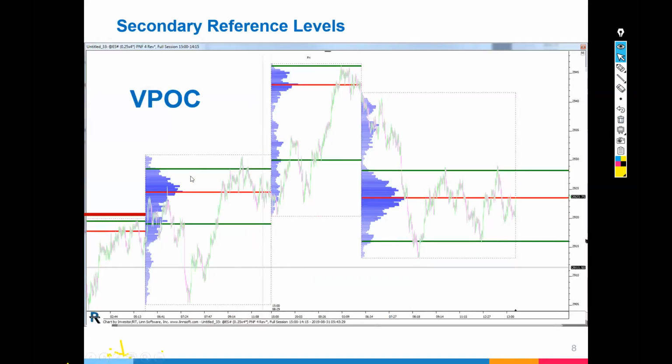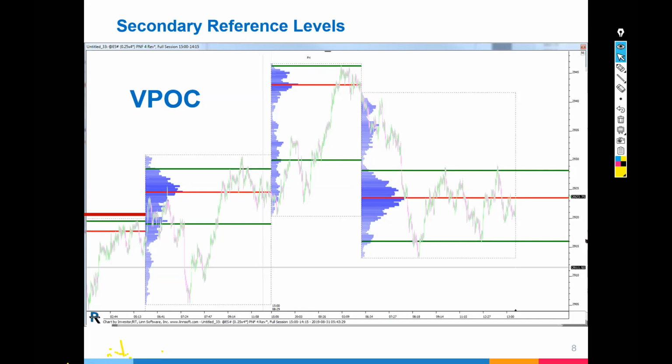All right. Now, some people also like to use the VPOC, or the volume point of control, and that is the key level where we had the largest amount of volume traded in the session as a key reference level. I tend to identify that as a secondary reference level. So there are primary levels, such as your session highs, session lows, value area high, value area low, and then there are secondary levels.